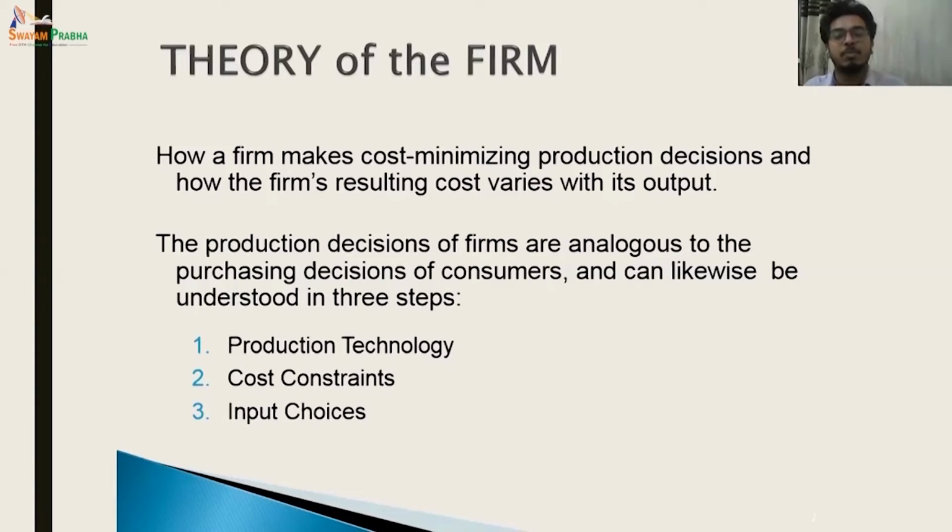To find the best possible solution, to find a possible choice. So the production decisions of firms, a firm being a unit in a particular industry which produces certain goods and services, are analogous to the purchasing decisions of consumers.